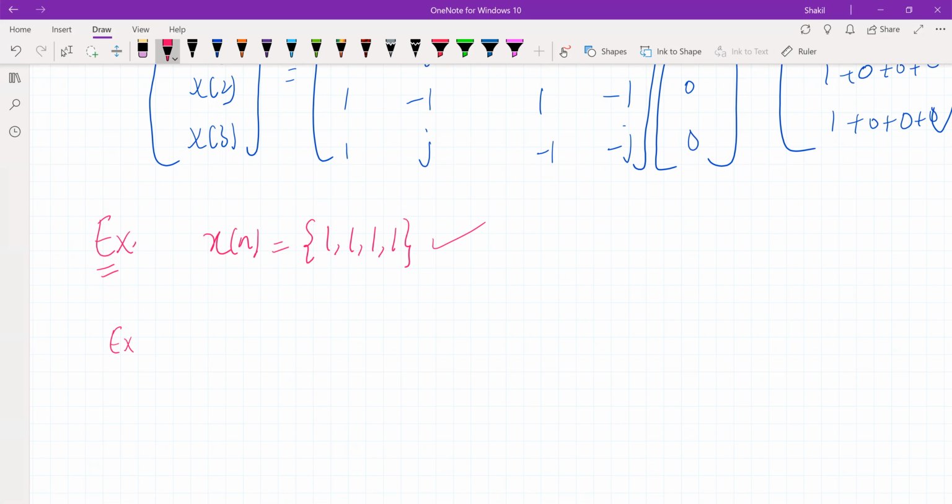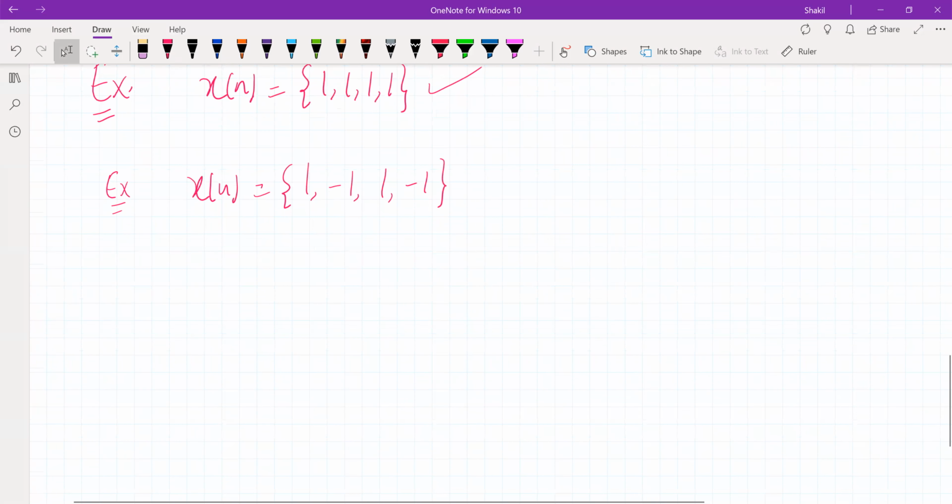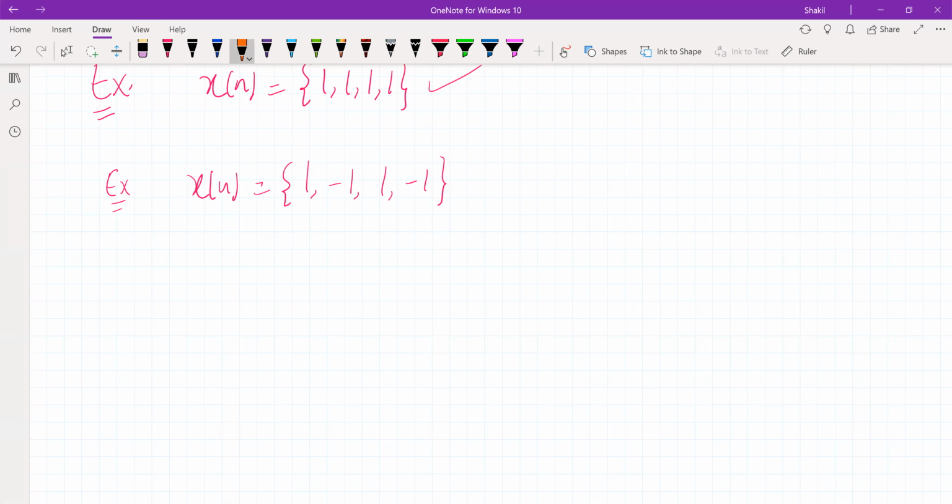We'll do the next example. We'll say x of n is 1, minus 1, 1, and minus 1. So we know from the matrix formula, arrange terms like this.